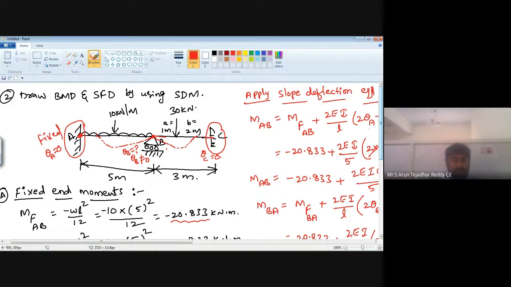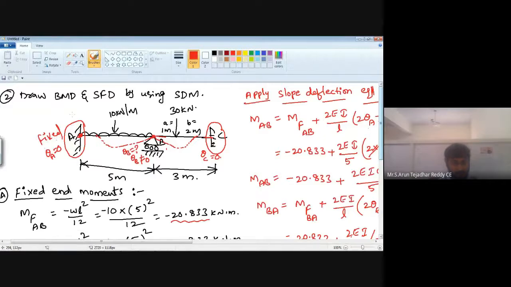Generally, A is also a joint, B is also a joint, C is also a joint. But which joint is suitable for our conditions? If I take joint A, I will get only one member, that is A to B, but I don't have any member on the left side.